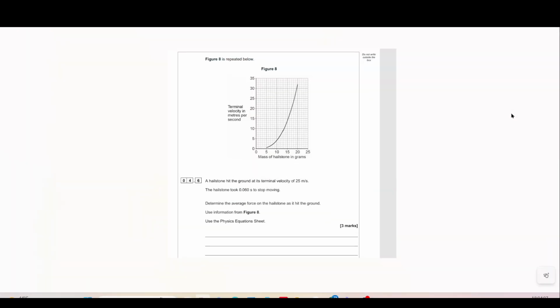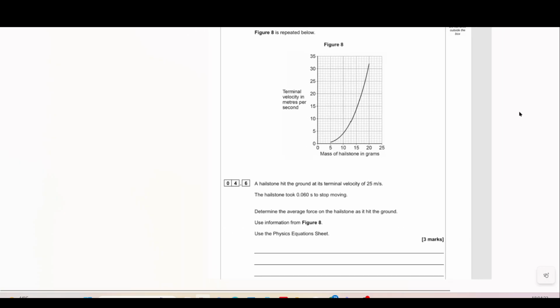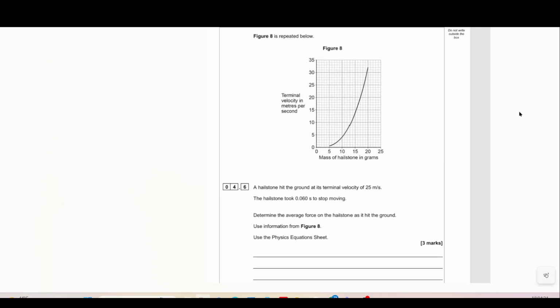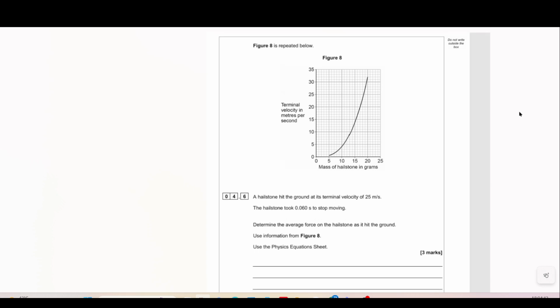So the hailstone hits the ground at a velocity of 25, and it goes down the line to the mass in grams. Yeah, 18.